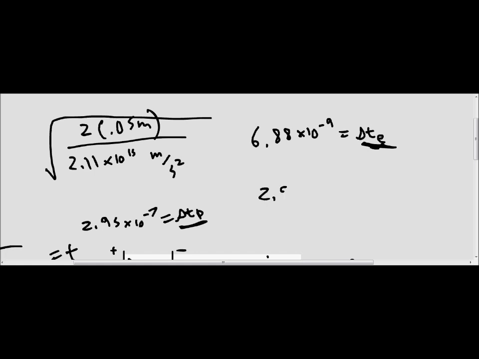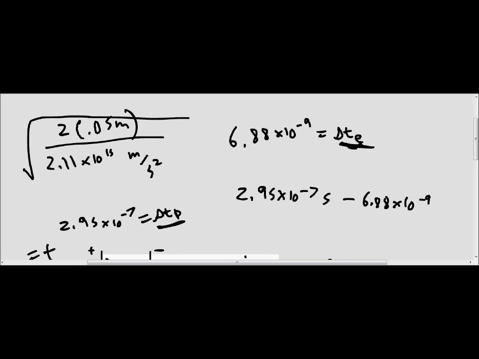So we've got 2.95 times 10 to the negative 7 seconds, minus 6.88 times 10 to the negative 9 seconds. We subtract those, and the answer we are left with is 2.88 times 10 to the negative 7 seconds.